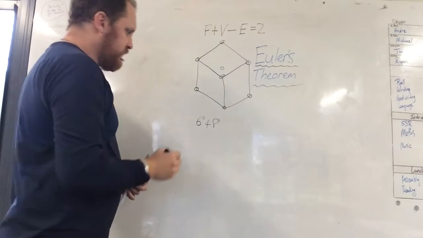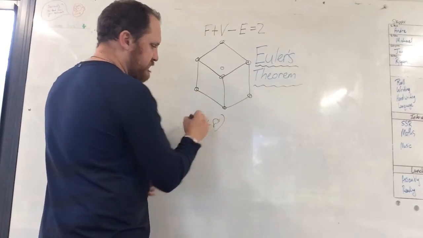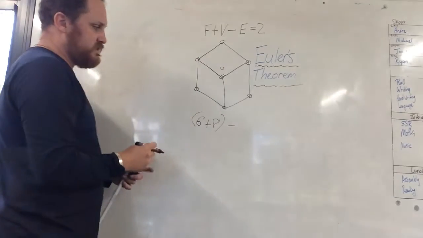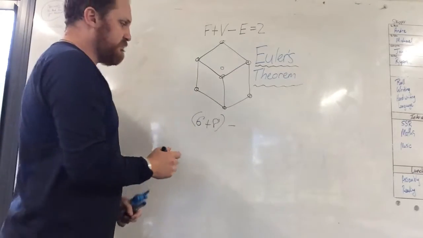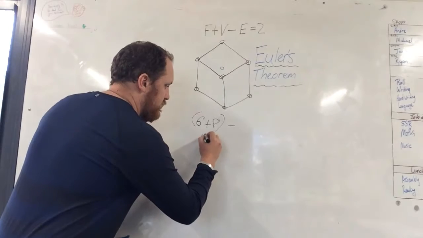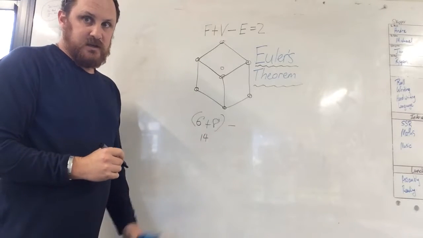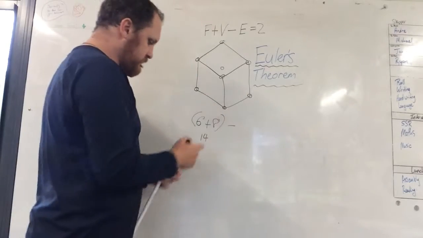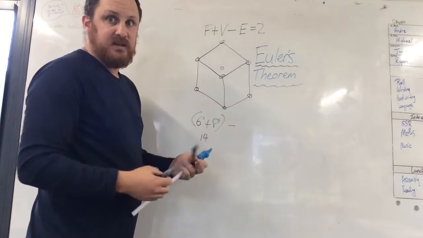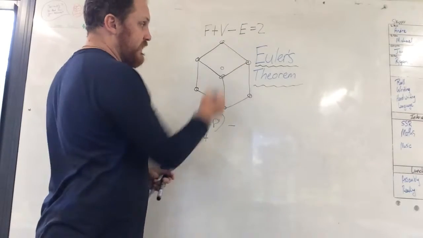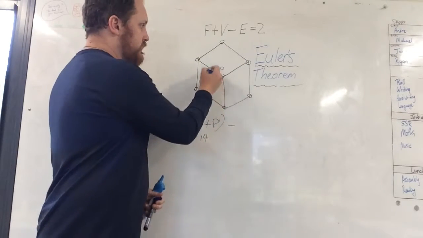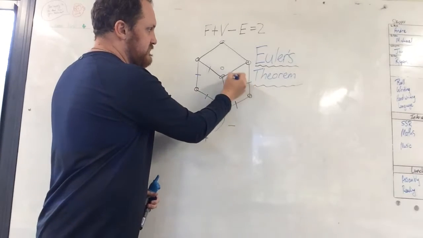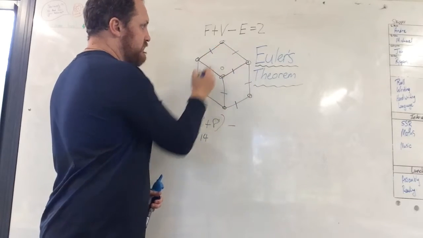Okay? Now, we'll put them in brackets for now, and we need to know the number of edges that we're going to take away from this. Okay? If you're playing the home game, you already know that this is 14. So we need at least 12 over here for this to work. So let's count up the number of edges because we need to take away the number of edges. 1, 2, 3, 4, 5, 6, 7, 8, 9.